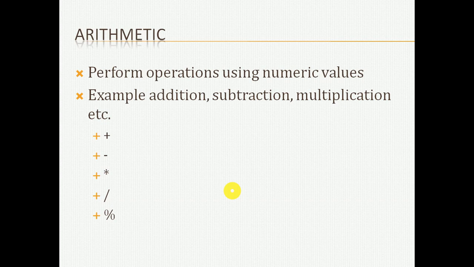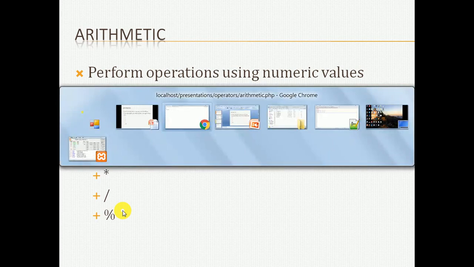The arithmetic operators in PHP are addition, subtraction, multiplication, division, and percent, which is actually the remainder. So if I am dividing 10 by 3, then I am getting the remainder as 1. Now let's see an example of arithmetic operators, and see the output on the browser.